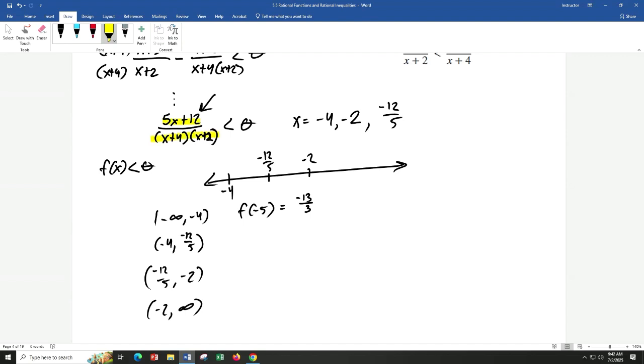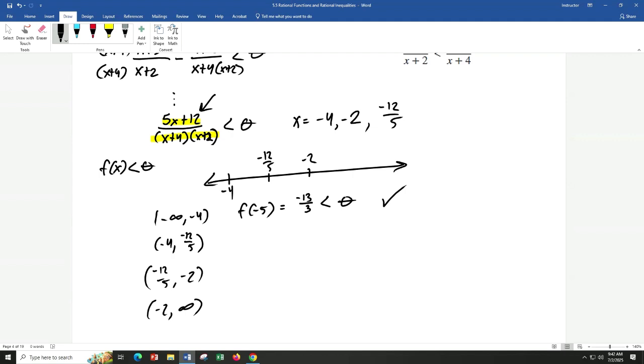Doing the math to see, is -13 over 3 less than 0? That works. That's what you're doing, isn't it? You're going in there and checking every single one of them. If it works, that's one of your parts. You do the next one, you check it. If it doesn't work, you don't include it.